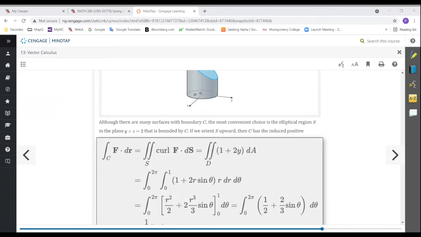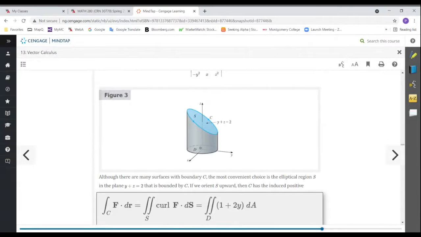Why use polar coordinates? Well, what would region D be? Well, if we look in figure 3, if you take the surface S and project it down into the XY plane, you get a circle.